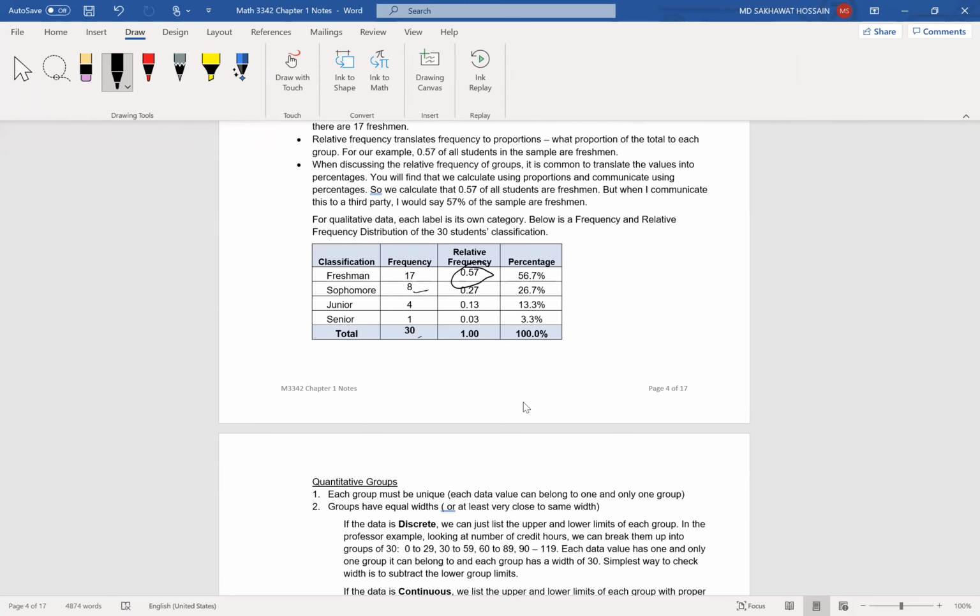So 8 divided by 30 is 0.27. This is also called a percentage. If we write it as a percentage, then it is 56.7%, and this is 26.7%, and this is 13.3%, 3.3%. So the total is 100%. Since the relative frequency is related to percentage, the total relative frequency will also be 1.